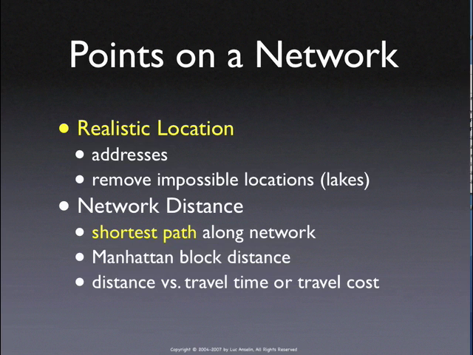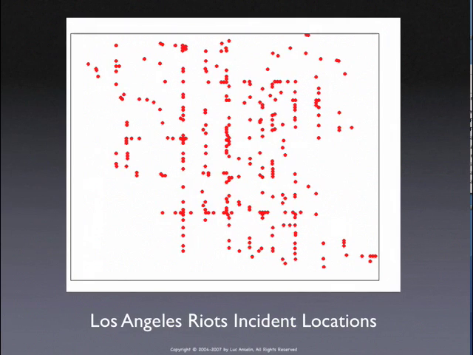Now, the difference is illustrated with this slide. This is, again, a real pattern. You guys probably don't remember this, but in the early 90s, there were severe riots in Los Angeles, where people basically got pulled out of their cars and beaten up and things like that. This is the location of incidents during these riots, floating in space.